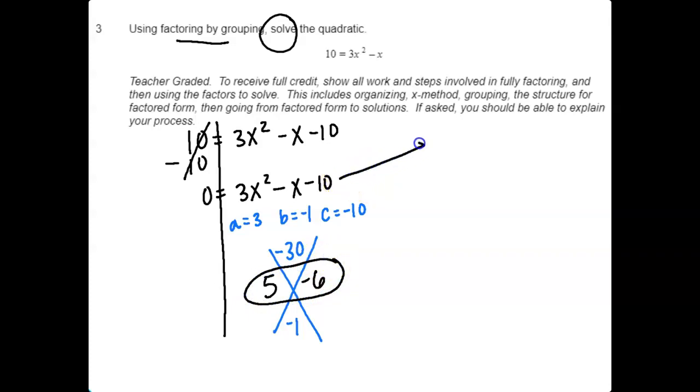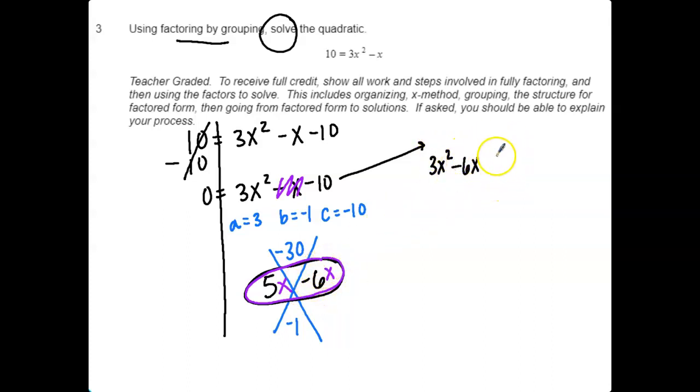So if you can imagine us taking this, and we are going to not use this one, but instead use these, and we're going to make sure to put x's with them. So we're going to have 3x squared, I'm going to go ahead and write negative 6x with it because I think the 3 and the 6 go better together.